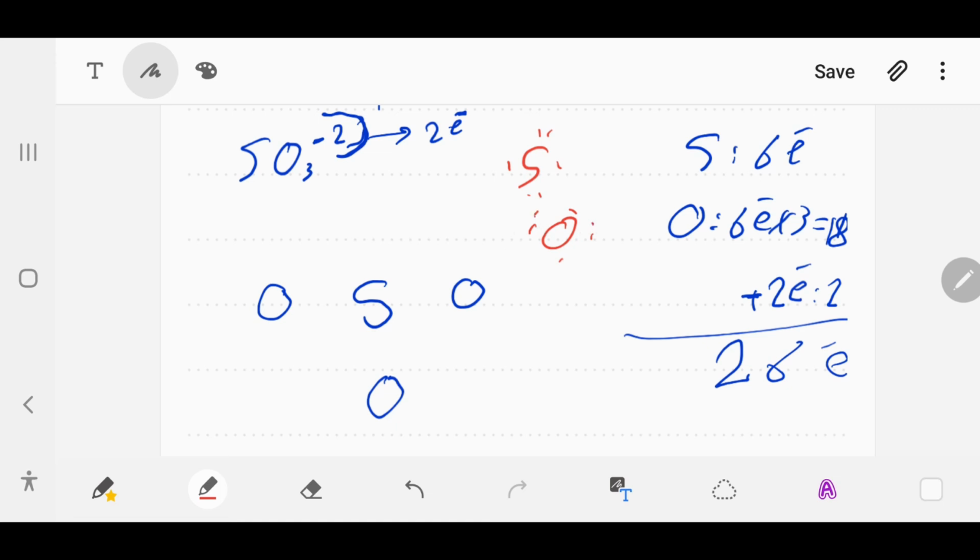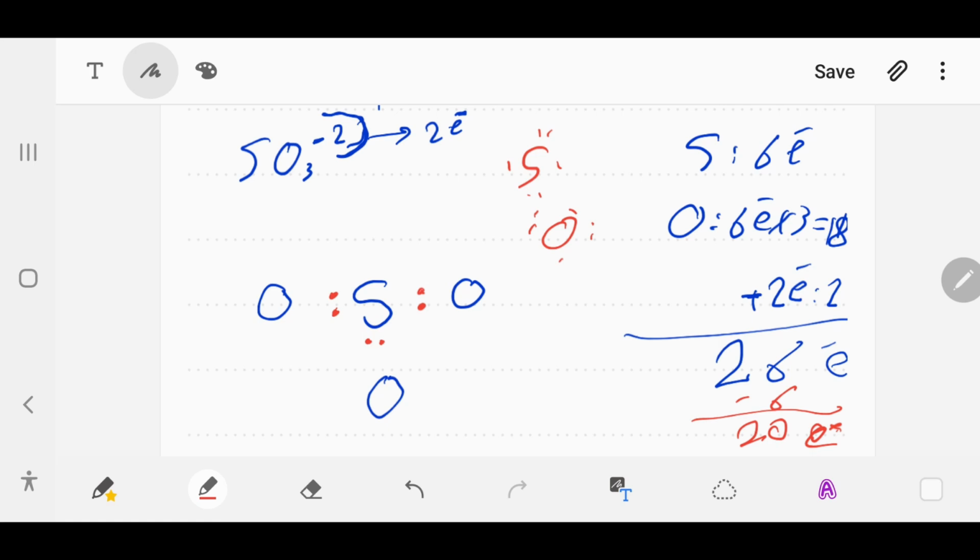So first of all, put 2 electrons here. So 6 electrons used, we still have 20 electrons. Now complete the electrons for the non-central atoms to make sure that each of them fits the octet rule.